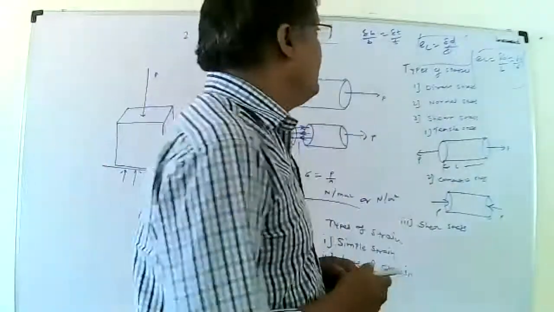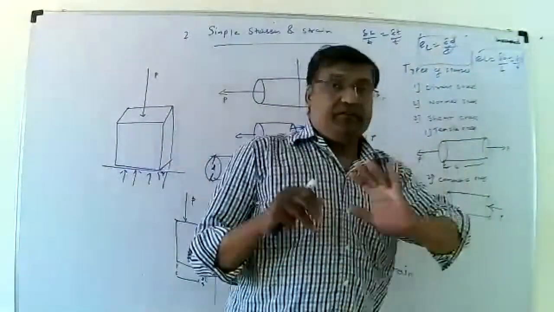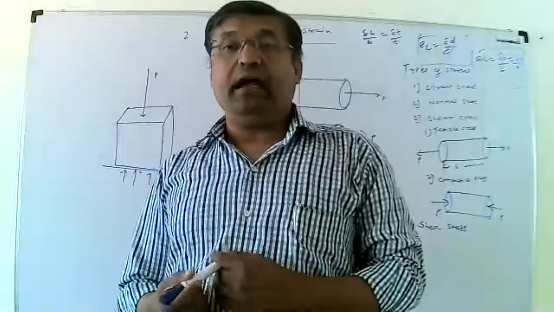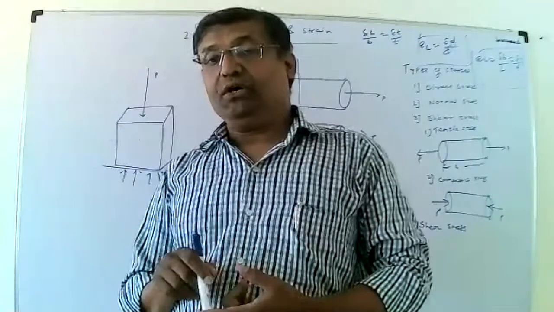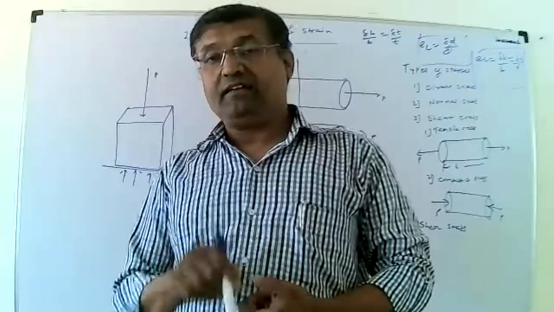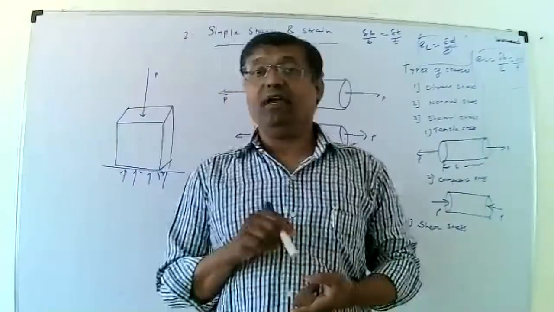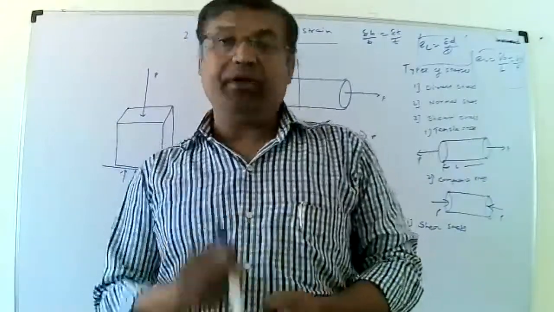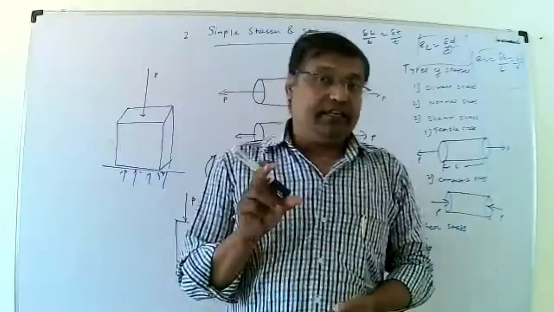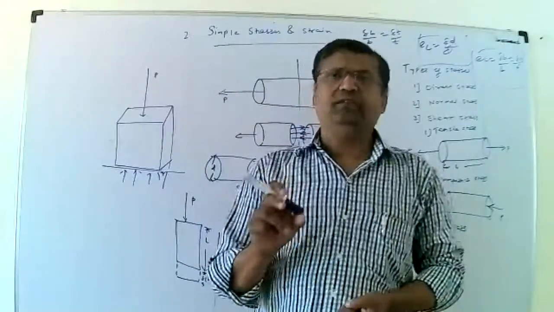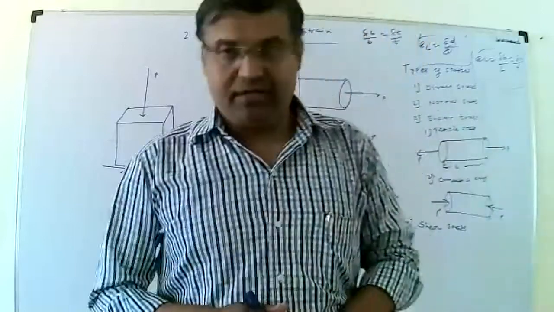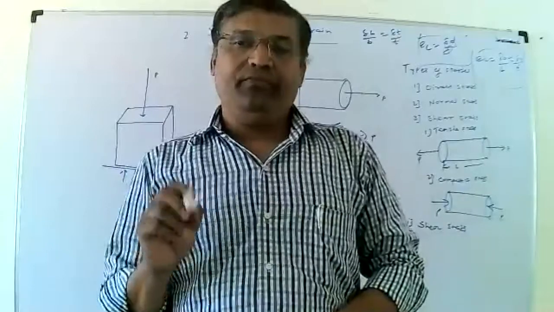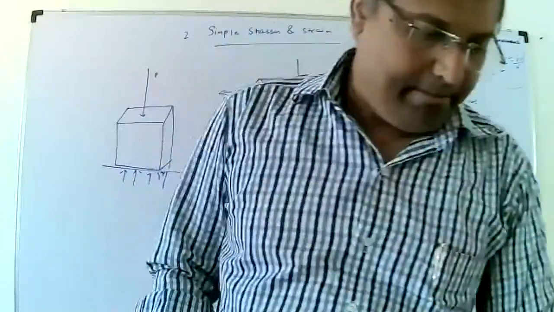The second is the section in circular form, which has only one dimension, that is the diameter. In the case of a cubic section, lateral strain EL is equal to delta B upon B, that is equal to delta T upon T. And for a circular section, EL is equal to delta D upon D.